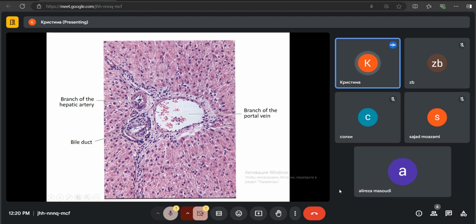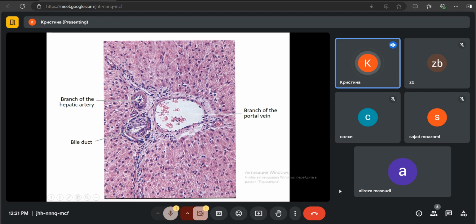How to differentiate between them? We should look to the cell nuclei. In bile duct, we have lighter stained oval or round in shape nuclei. In artery, we have endothelial cells inside and elongated cell nuclei of smooth muscle cells, concentrically located, circumferential.